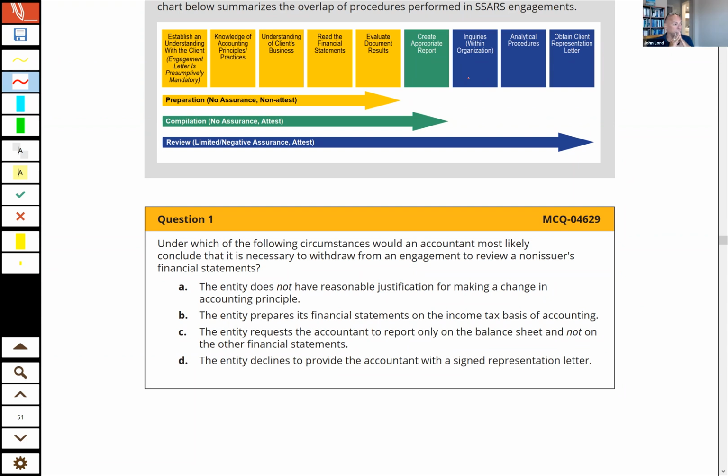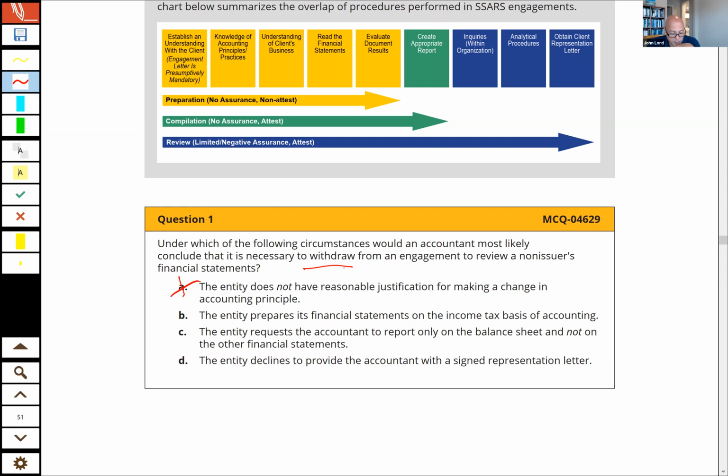It's a known departure. Where do you want to put it in the report? I think it's in that known departure paragraph after the conclusion. Exactly. Thank you. We have a paragraph for that, a known departure, and we would list it there, right? Okay, good. So A is not correct. You don't have to withdraw for that.